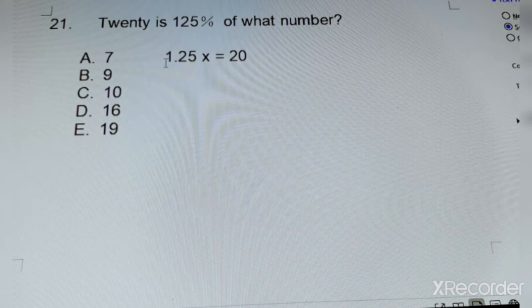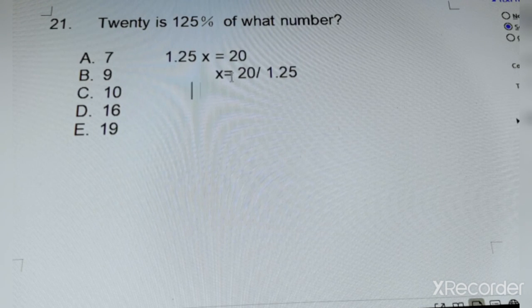Then divide both sides by 1.25. So 1.25x divided by 1.25 is x equals 20 over 1.25.